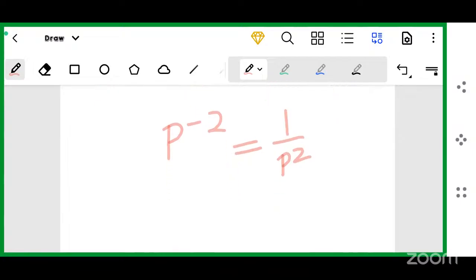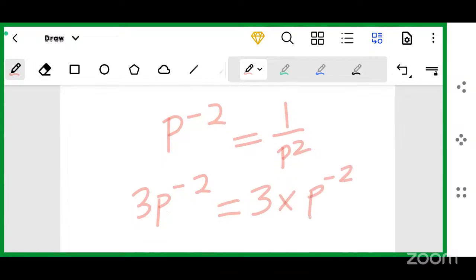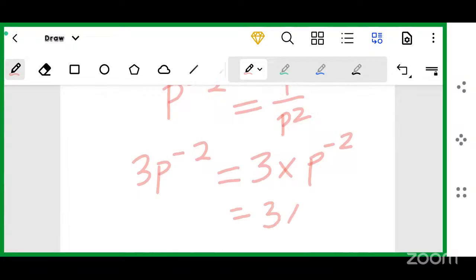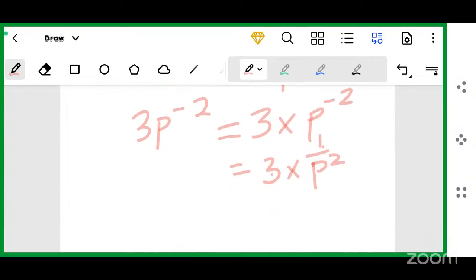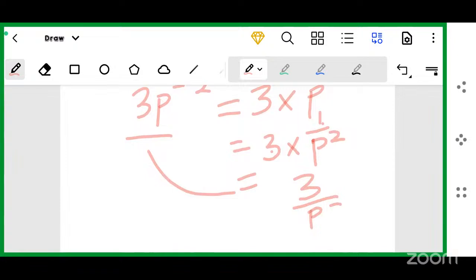And if we have something like 3P to the power of -2, we're going to have 3 multiplied by P to the power of -2. For us to convert this, it's going to be 3 multiplied by 1 over P to the power of 2. This multiplied by this is going to give you that. So we can simply write this as 3 over P to the power of 2. Did you follow? Yes, ma'am.